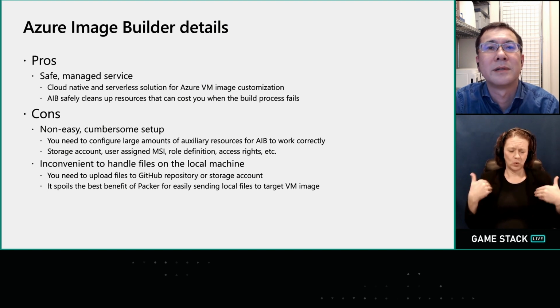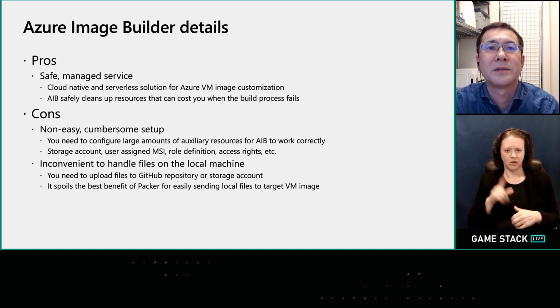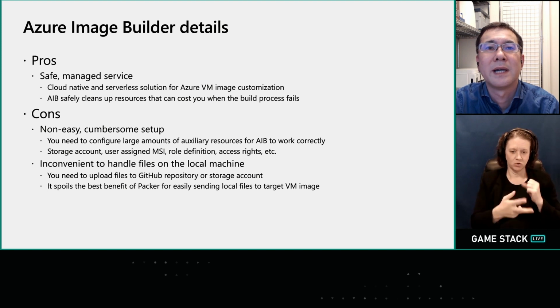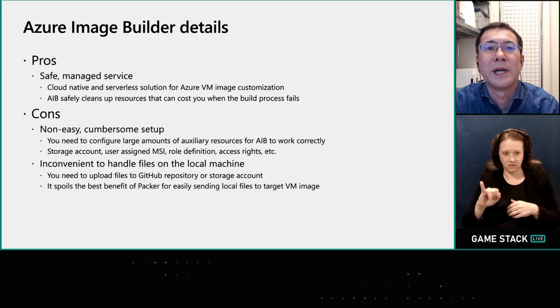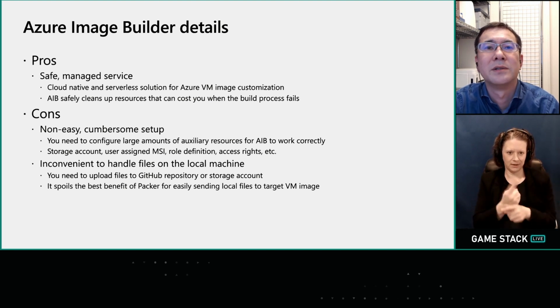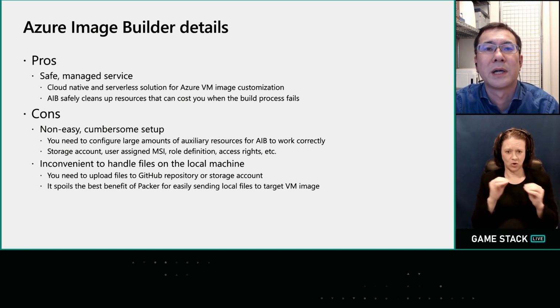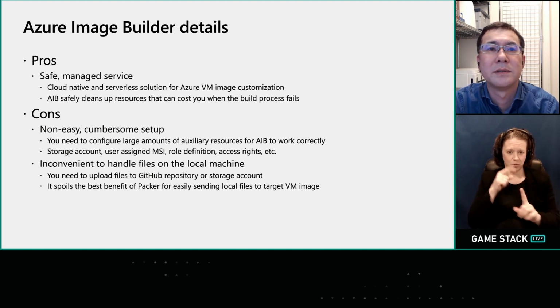You have to create and configure many Azure resources like storage account, MSI, and role definitions for AIB to work correctly. Additionally, there's no easy way to bring your local files into the target virtual machine. You have to upload such files somewhere on the internet and export them with proper permissions for the target machine to pull them.